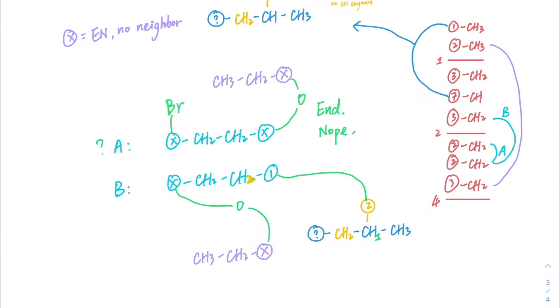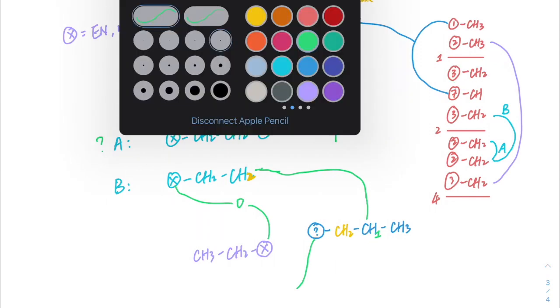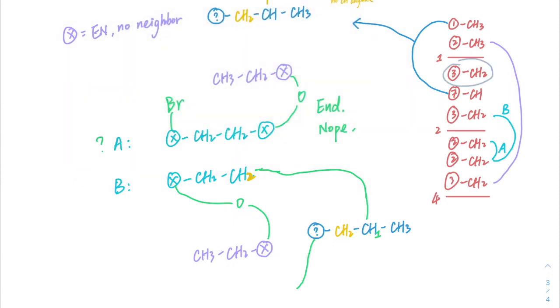See, I colored it in green and yellow. So the other side of my CH2 is going to be whatever is left over, which is another CH2 and a bromo.